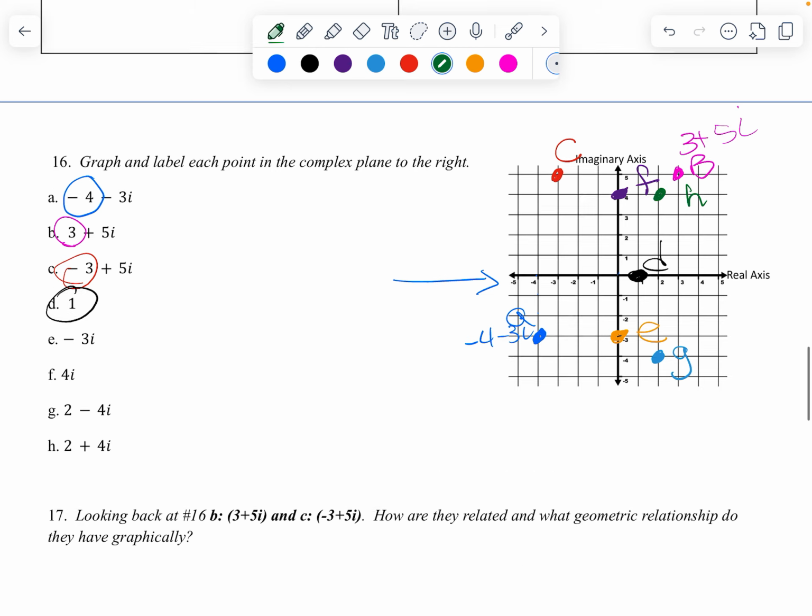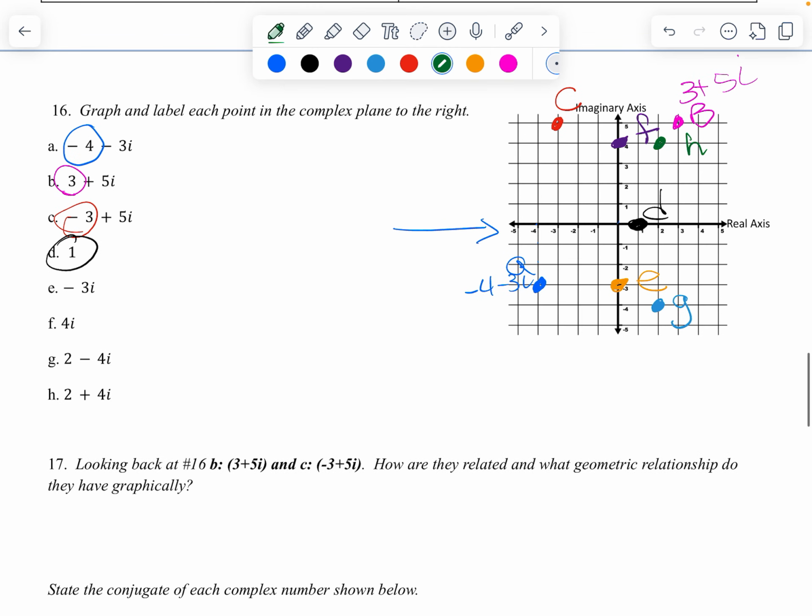Okay. Looking back at number 16, B and C: how are they related and what geometric relationship do they have geographically? So, if I look at these two, their real numbers are opposite.